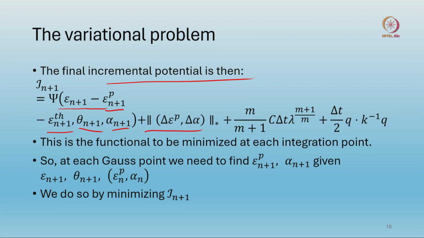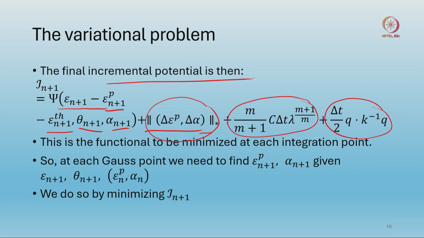Then come these 3 components of phi. This is the rate independent component of phi, appropriately modified as in the last slide. This is the viscoplastic component of phi, multiplied by delta t as in the last slide, and this is the thermal component of phi.